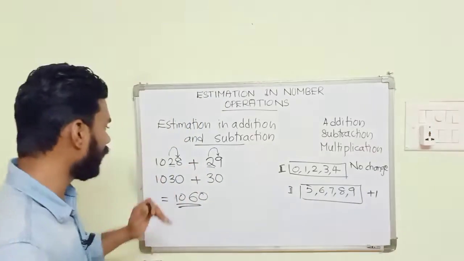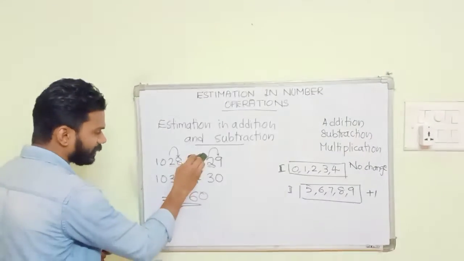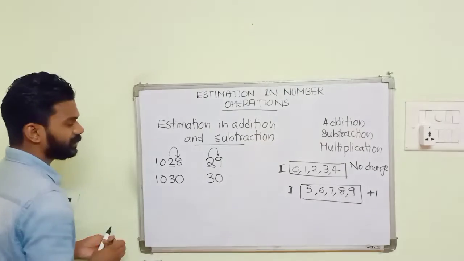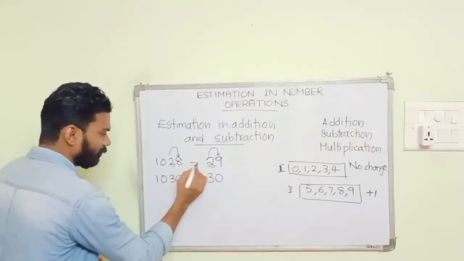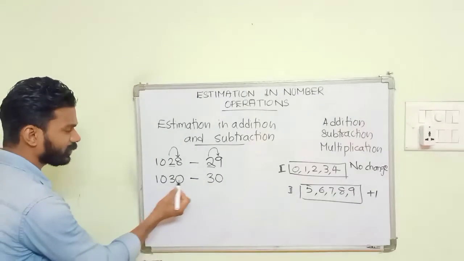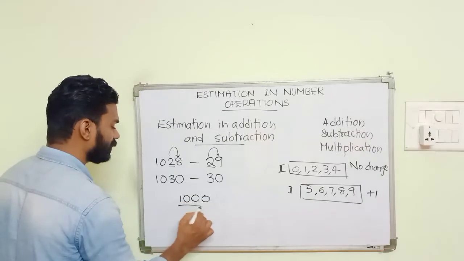In the same case, if you want to find the estimated difference, then the only change will be that instead of sum we will choose difference. So it will be 1030 minus 30, so it will be 1000 itself.